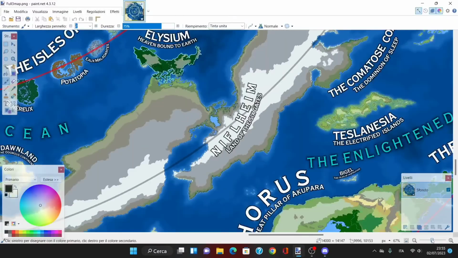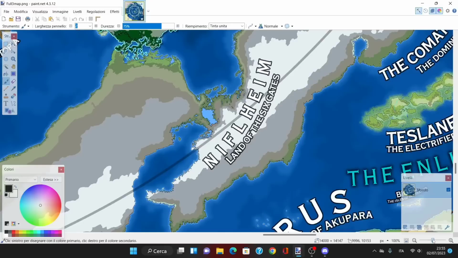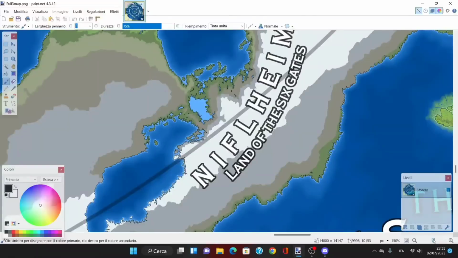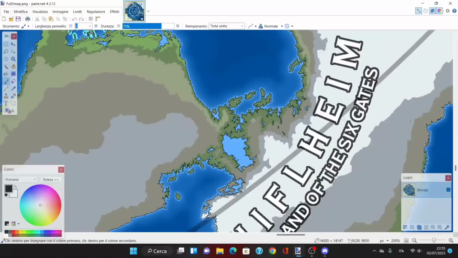But Niflheim is basically the land of cold, ice, and everything that is kind of dead inside. But it does not mean that there can be no life near it, because as you can see in this area here, we have some vegetation, some livable habitats, and I assume at some point humans lived there too.